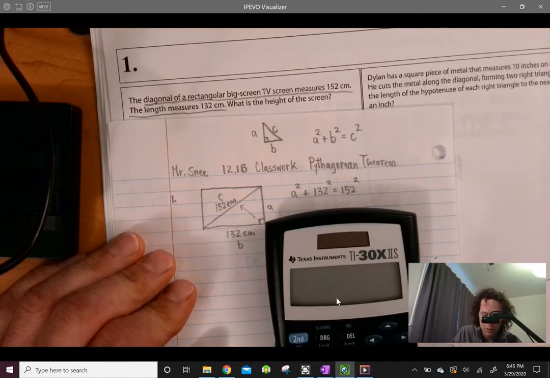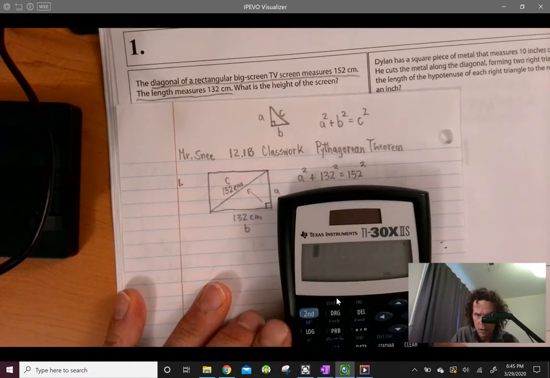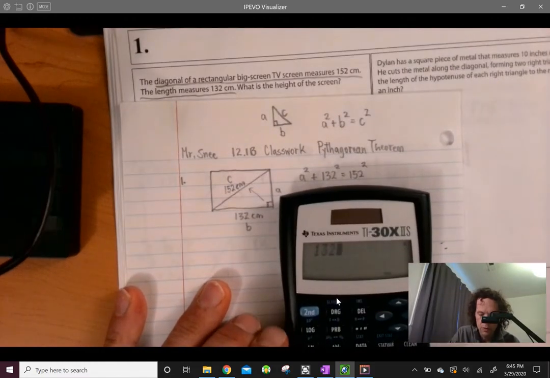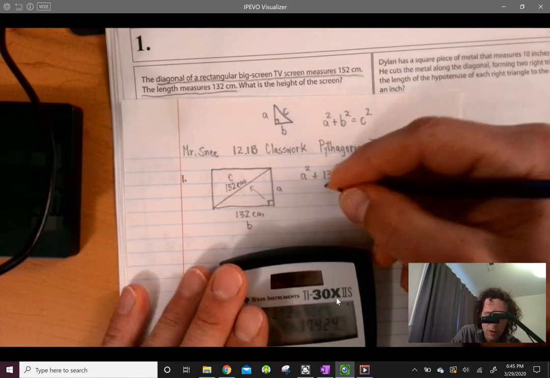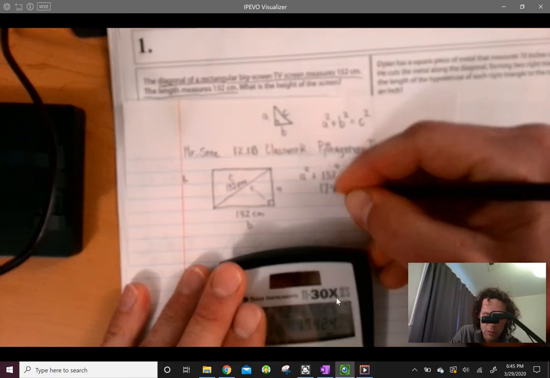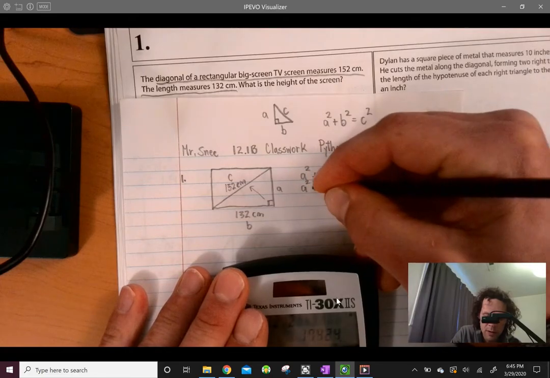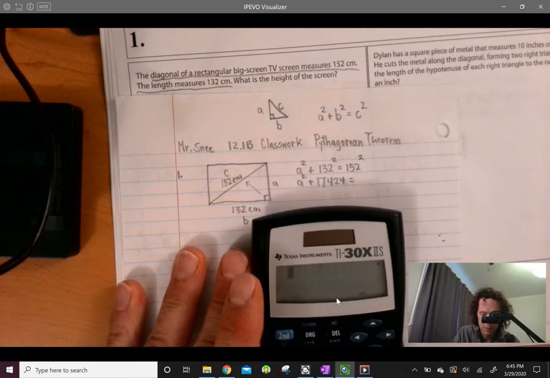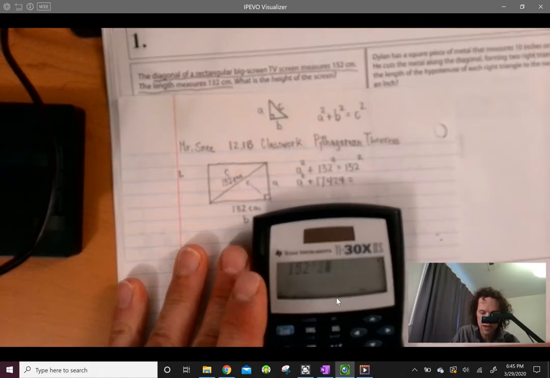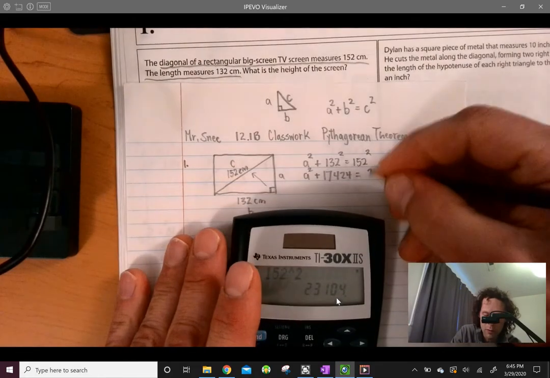So I'm going to do 132 squared. 132 to the second power equals 17,424. So a squared plus that equals 152 to the second power, 23,104.